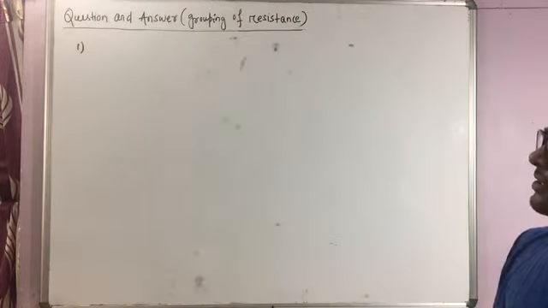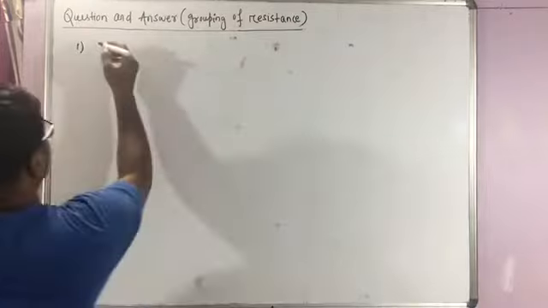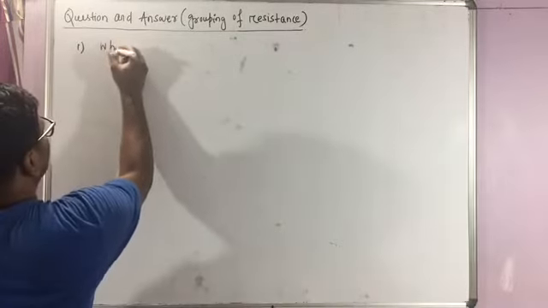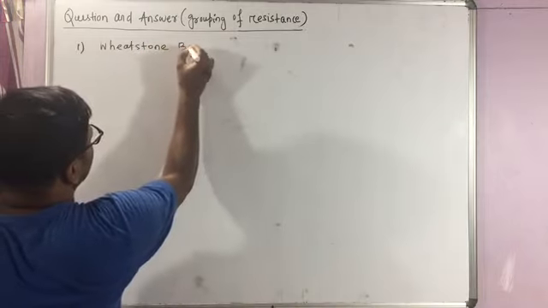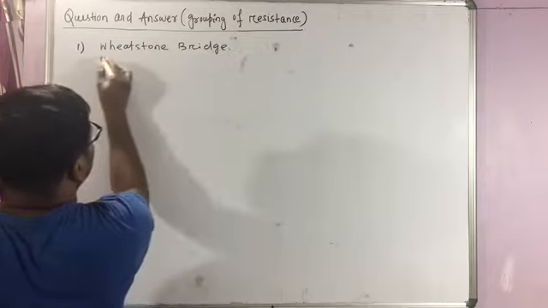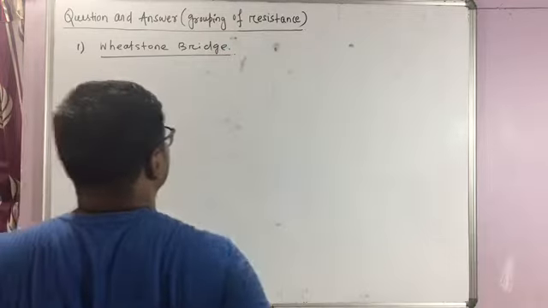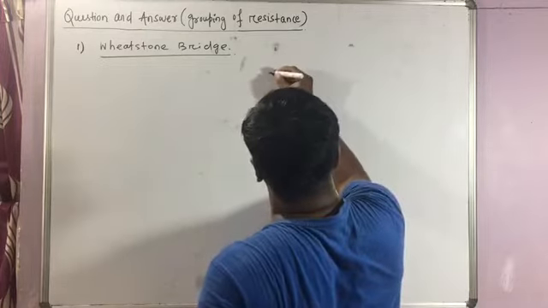So the first method is the Wheatstone Bridge condition. Wheatstone Bridge was already discussed in your capacitance chapter. What is the Wheatstone Bridge condition? Suppose there is a network of resistors like this.